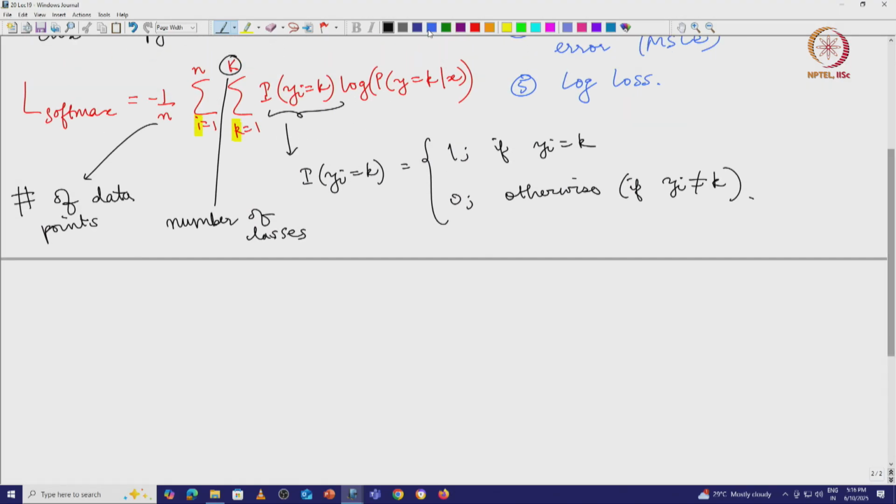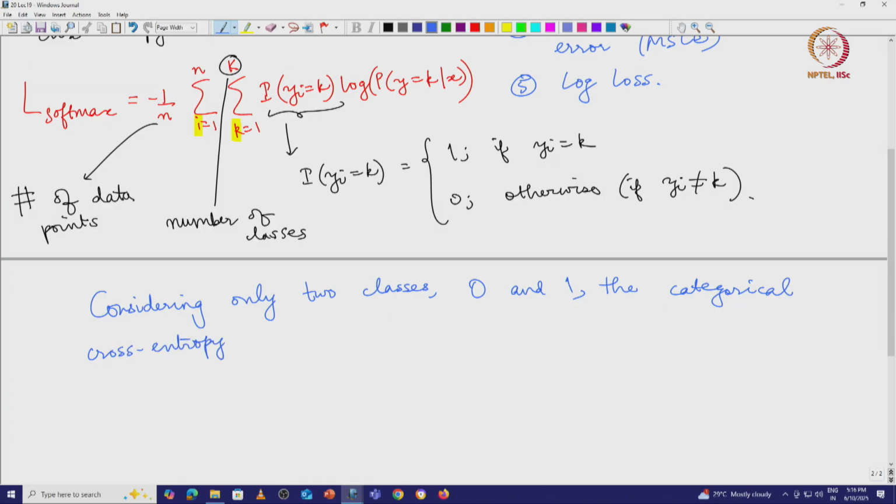Considering only two classes, indexed by the numbers 0 and 1, the categorical cross entropy loss function can be written as L softmax is minus 1 over n sum i going from 1 to n.